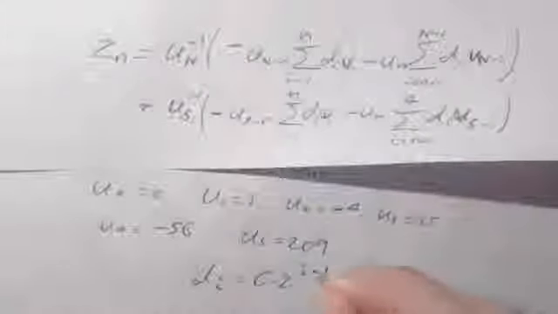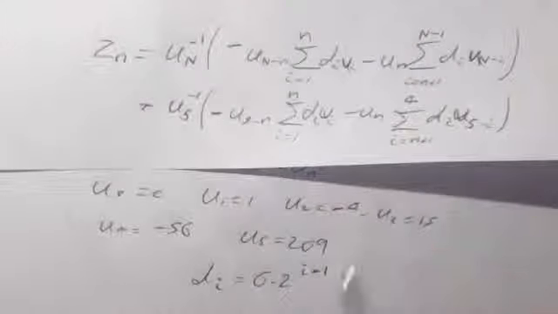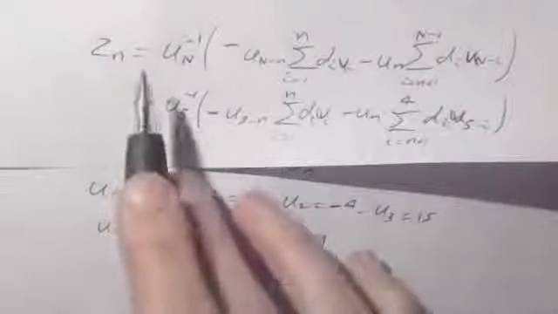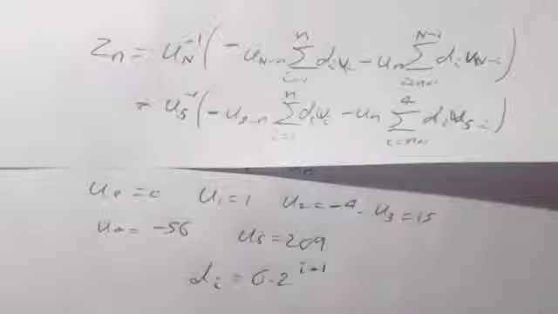And for the D's, if I remember rightly, Di was 6 times 2 to the I minus 1, I think. That was what we had. So I can now just plug this straight into the formula for Zn.